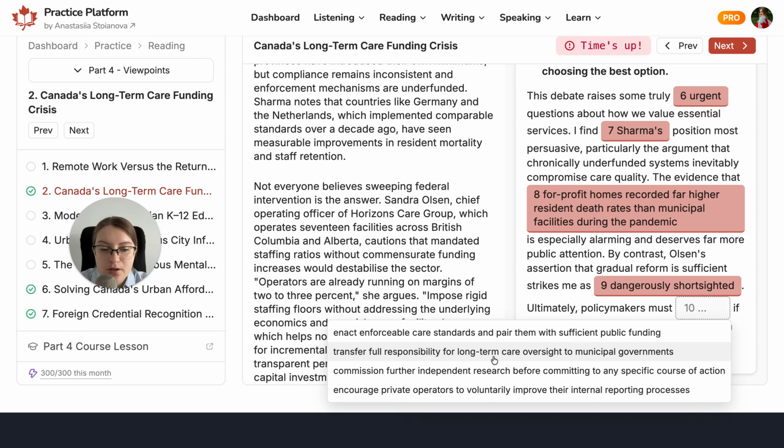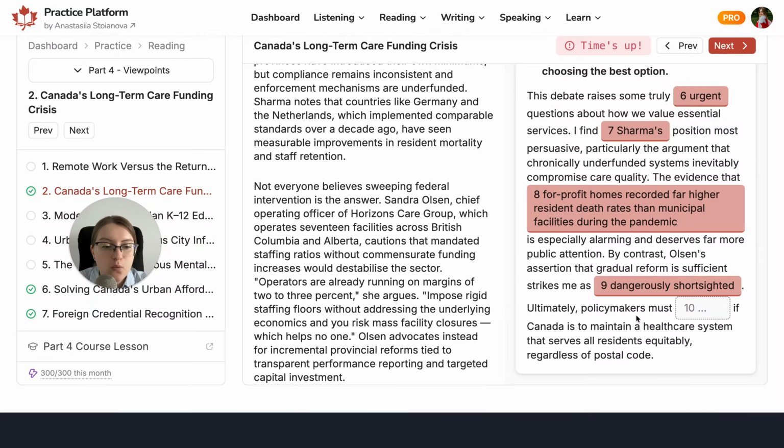You can pause the video if you want. Transfer full responsibility for long-term care oversight to municipal governments. Why? Yeah. So careful. Commission further independent research before committing to any specific course of action. We'll see. Encourage private operators to voluntarily improve their internal reporting processes. What does it say here?